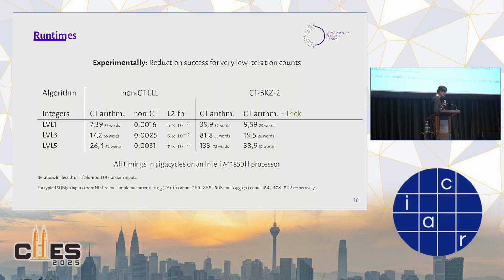If we go to the second round, where the SkiSign team has introduced floating point arithmetics into their algorithms, we are way slower than the state of the art. So if someone has a constant time implementation of floating point arithmetics, I'll be happy to reach out to you, because that's definitely what we need.